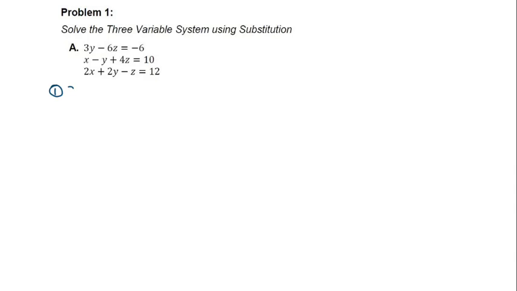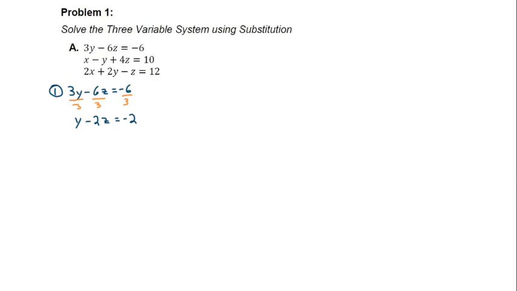So here we go. We're going to do 3y minus 6z equals -6, and I'm going to solve for the y. Because you notice how if I divide everything by 3, y becomes alone, minus 2z equals -2.